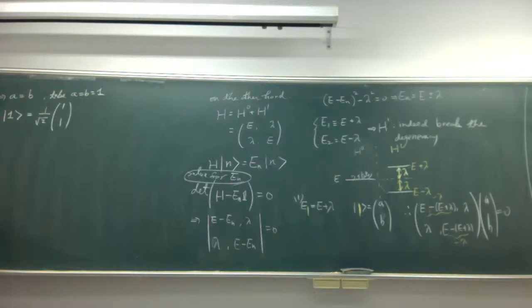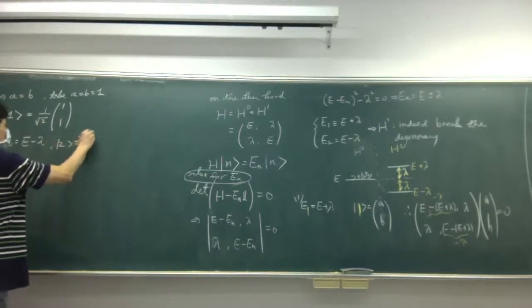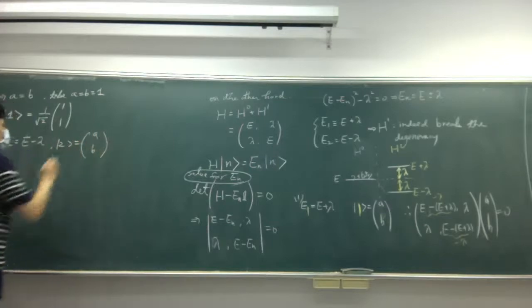Then the second case, I call it E2. If E minus lambda, the eigenstate. So I can say that E2 equals (A, B) again.